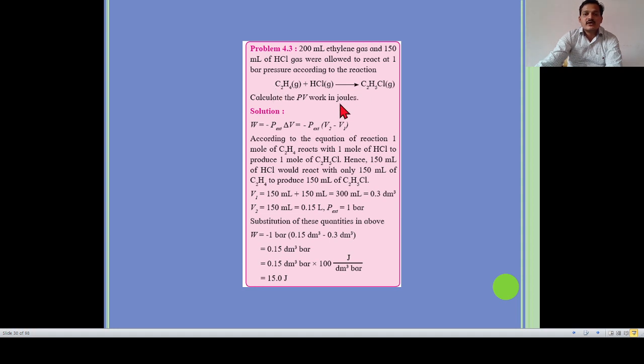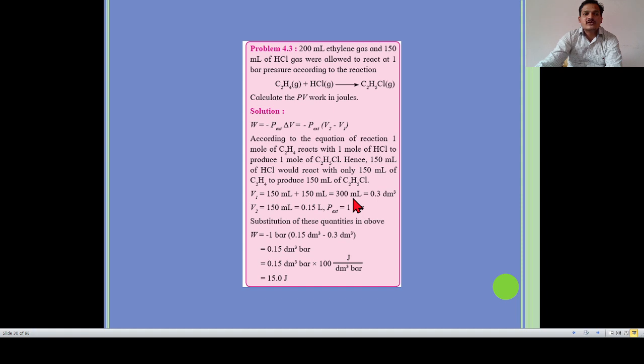So the initial volume V1 is 150 ml plus 150 ml, that is 300 ml. We have to convert ml into dm cube.